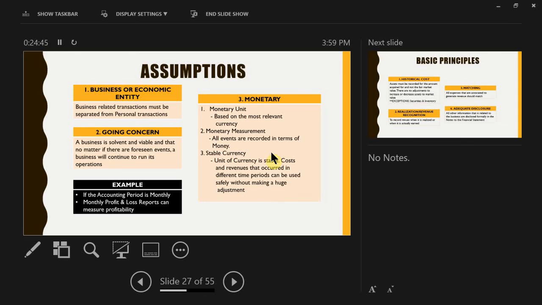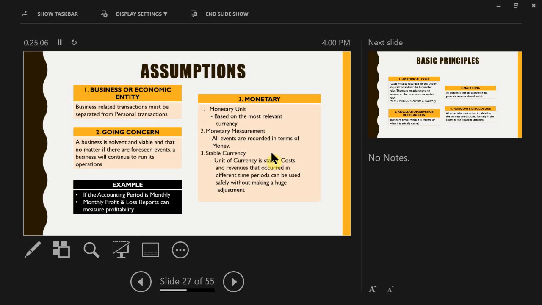So once again, if my accounting period is monthly, I can run a profit and loss every single month just to determine how much profit my company is making, right? Is it doing good? Is it doing bad? So that's what this accounting period assumption does.